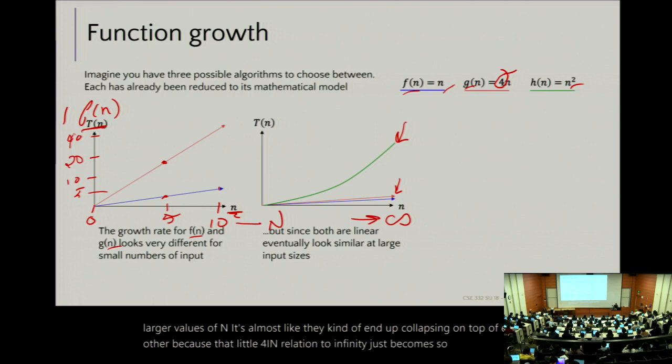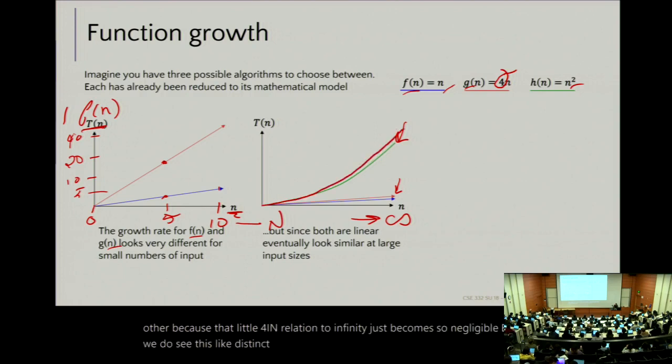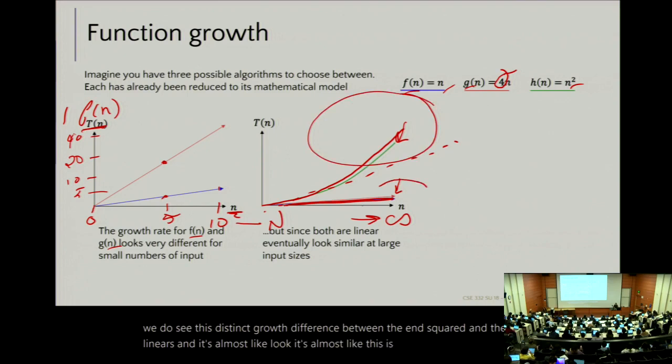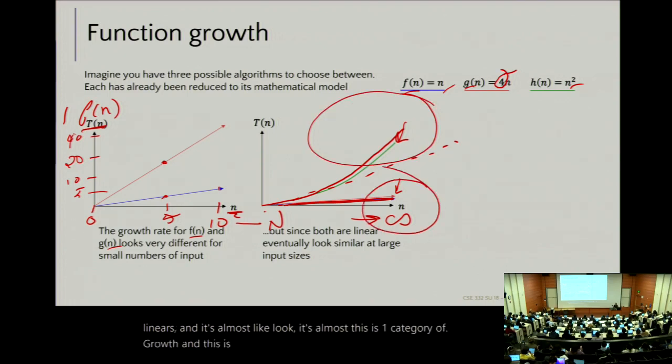But we do see this distinct growth difference between the n squared and the linears. And it's almost like this is one category of growth and this is one category of growth. It's like this is one class of growth, one complexity class.